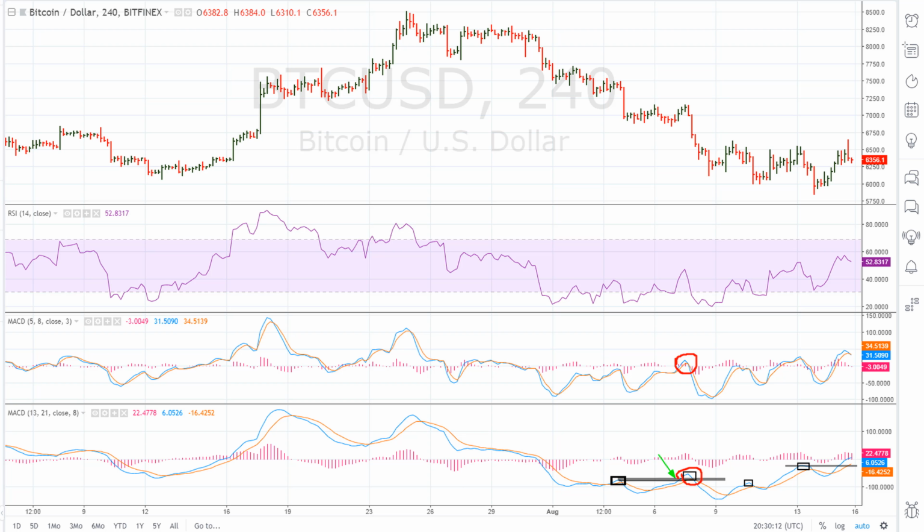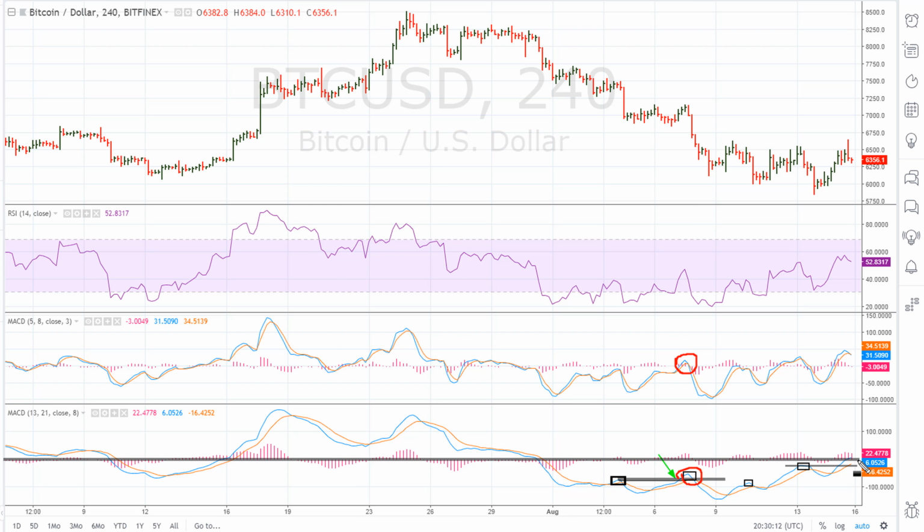We also have to be aware of where our MACD is trading in relation to the zero line. So of course this is a zero line. The farther away we are from the zero line, the more it means that the average price is lower. This is just pure mathematics. So the more we stay below zero on the MACD, what that means is that prices on average are resolving to lower prices.